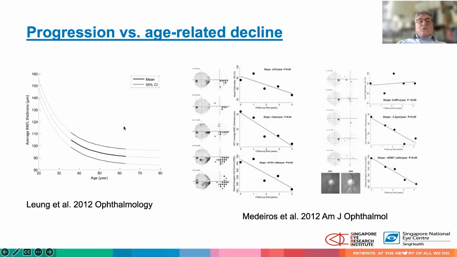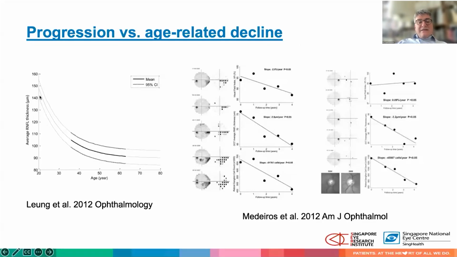Also here we have to look at the average nerve fiber layer thickness, and I've said this already, it has an age dependence, and you have to be very careful to look whether really this is progression or an age-related decline that you see over time.